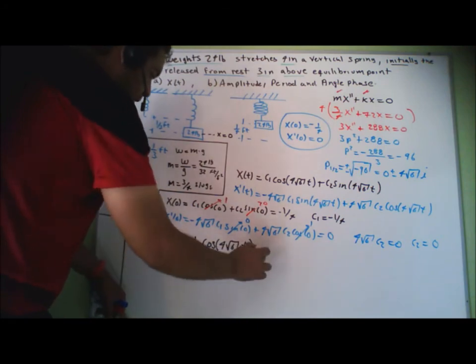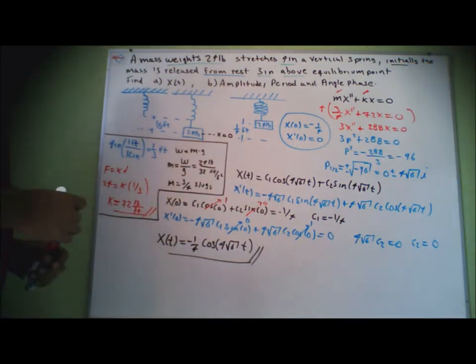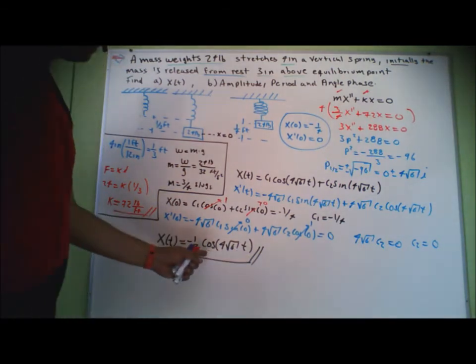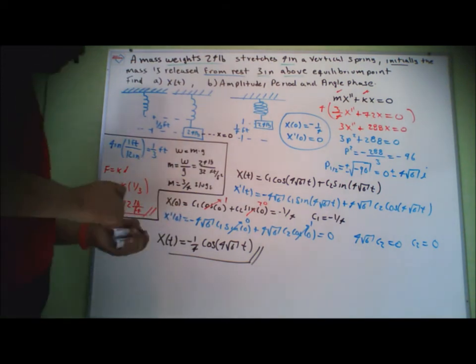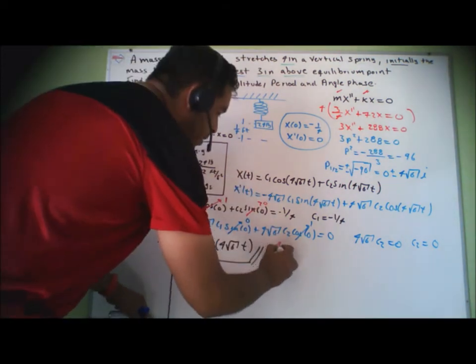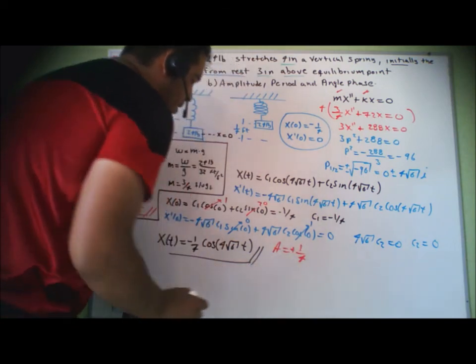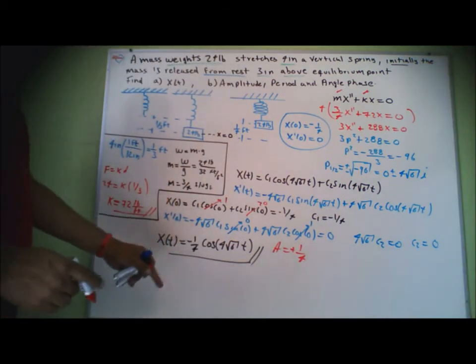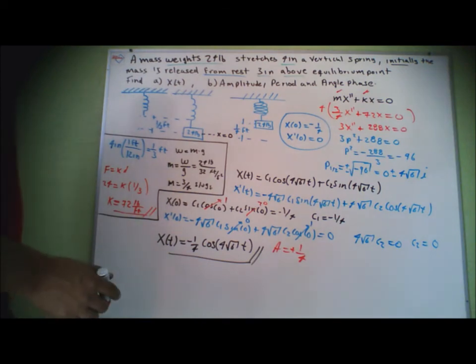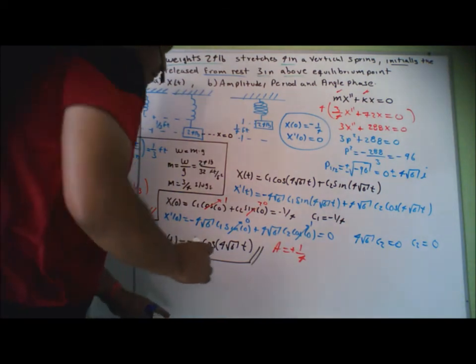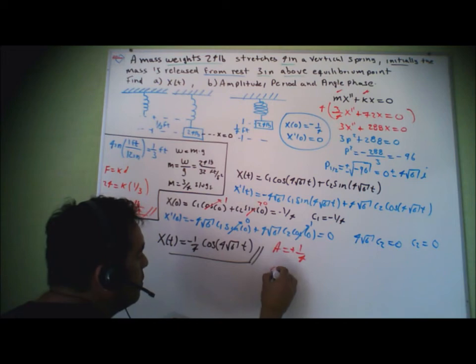What happens here, engineers, is that you don't have to apply the formulas of the previous video because you have a single cosine. So the amplitude is already minus 1/4, which is actually 1/4, positive, because this minus just means starting below. Now the phase is equal to 0.